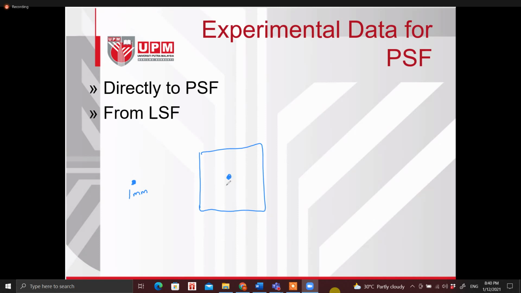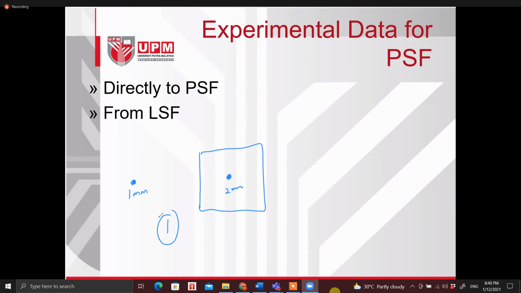Then we can measure the diameter of the image in the camera. Maybe now it becomes 2 millimeter. So originally it's 1 millimeter, and once you capture that in the camera, it becomes 2 millimeter. So there's a blurring factor there because of the point spread function.